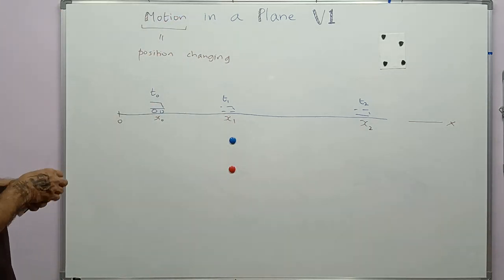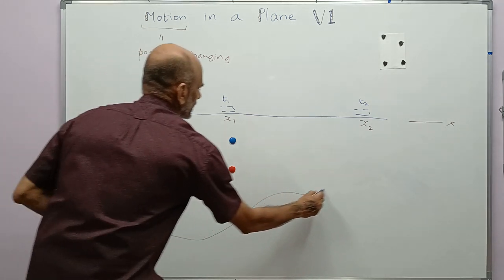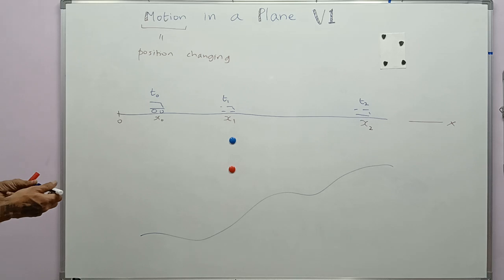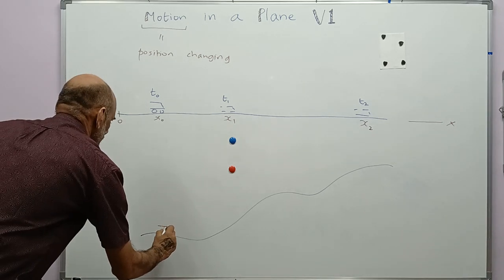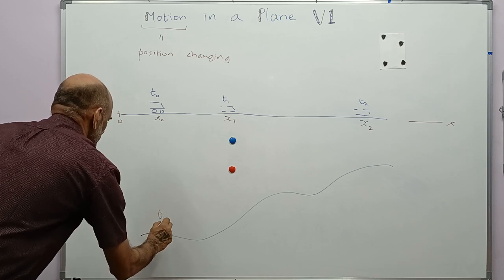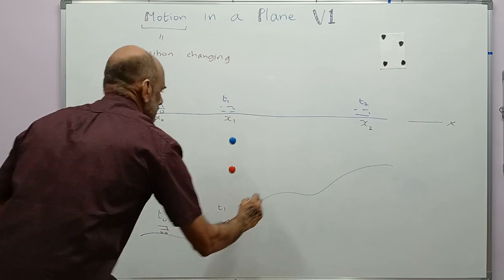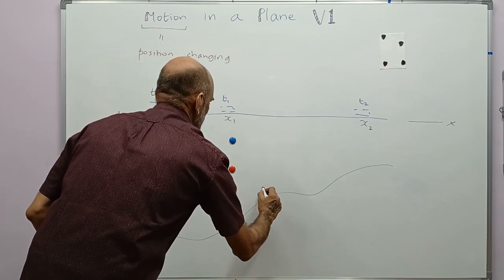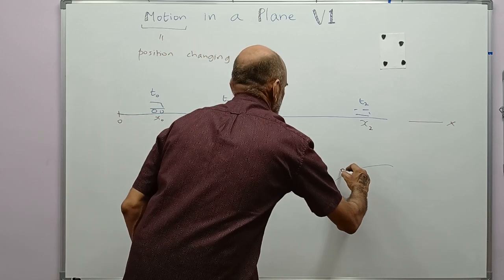But instead of road being straight, realistically it could be like a curve. So a vehicle moving along this path, so initially it is here at t0, at t1 let it be here, and at t2 it's say here, and so on.